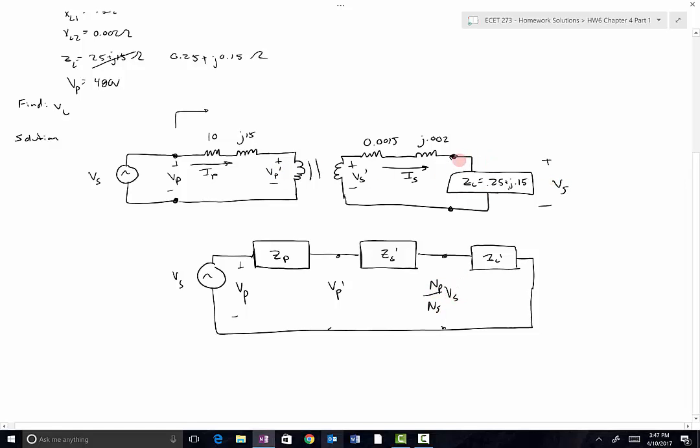Since this is VS, I refer it over to this side by multiplying by NP over NS. So that's this voltage right here. That's why I left them separate. It allows me to isolate the secondary voltage in one step right there.